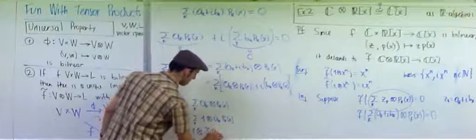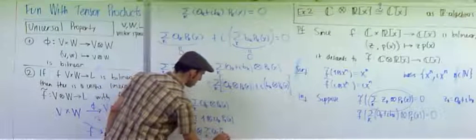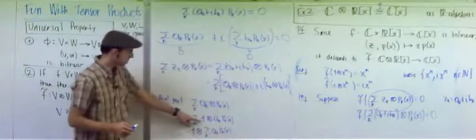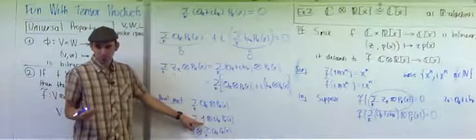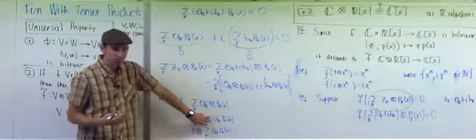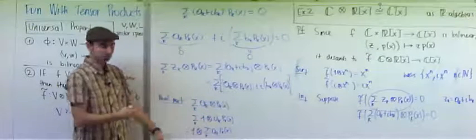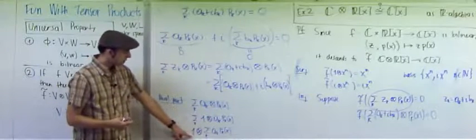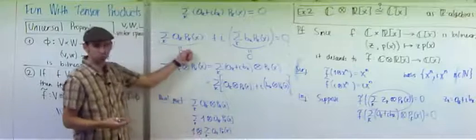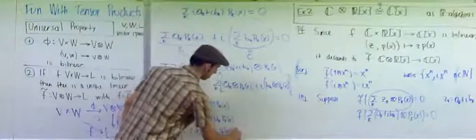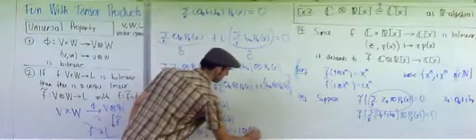Why is that allowed? Because the tensors are bilinear. So if the first part is fixed, I can play with the second part linearly. And that's great, because now this is 0. So this is equal to 1 tensor 0, which is 0.